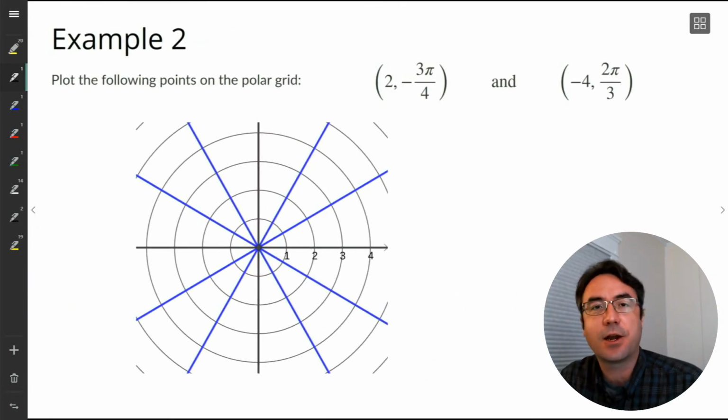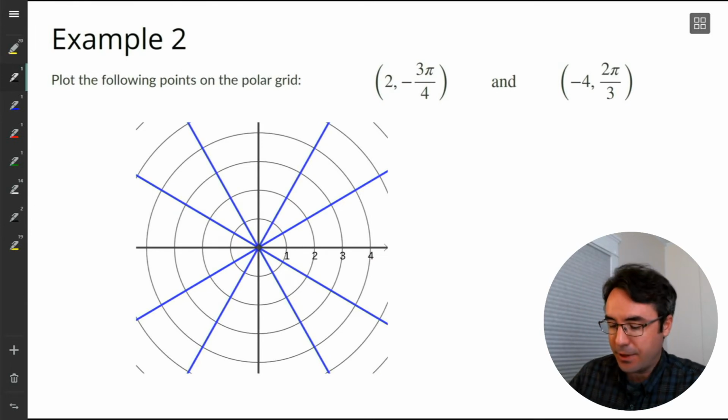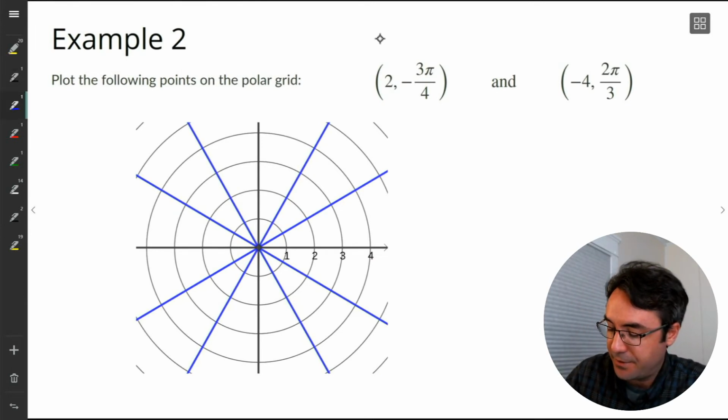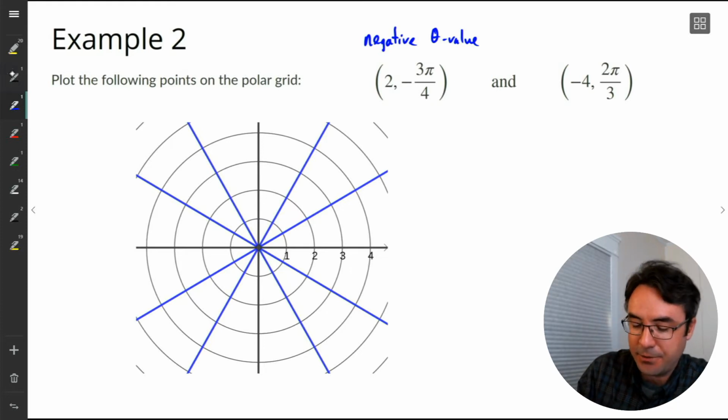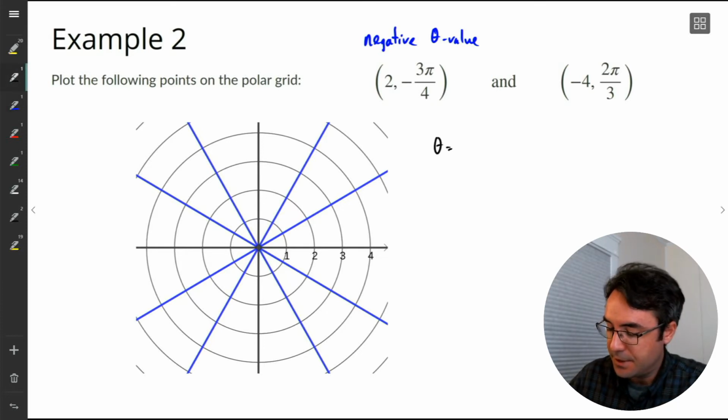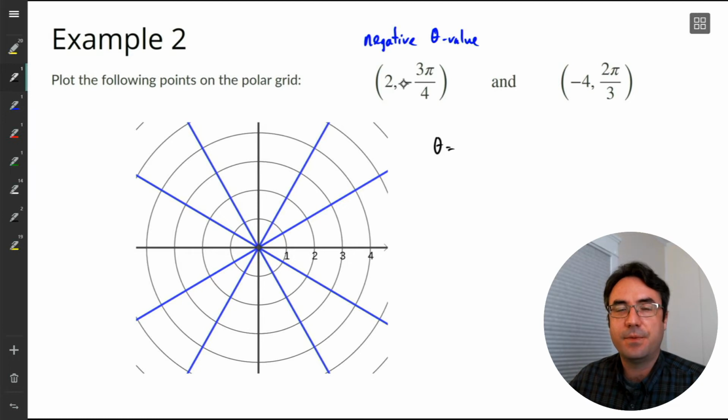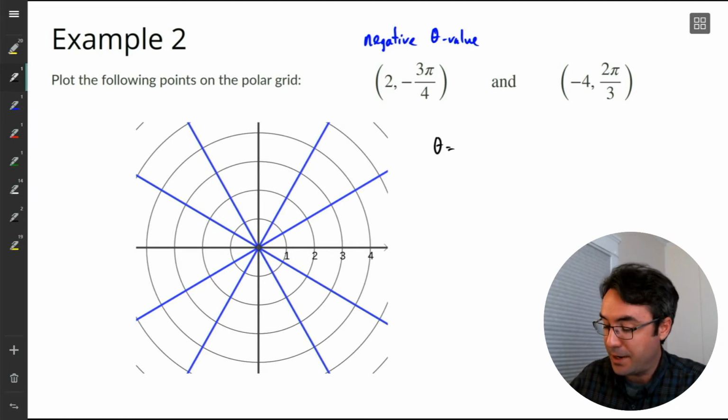Plotting some points on our polar grid. This time we're going to have a negative theta value. So we have the point 2 comma negative 3 pi over 4. So when we look at this theta value, again, it's helpful to at least think of it as really negative 3 times pi over 4.